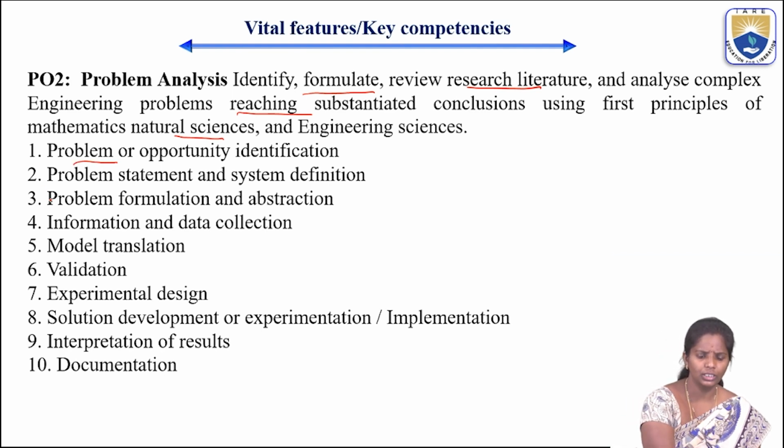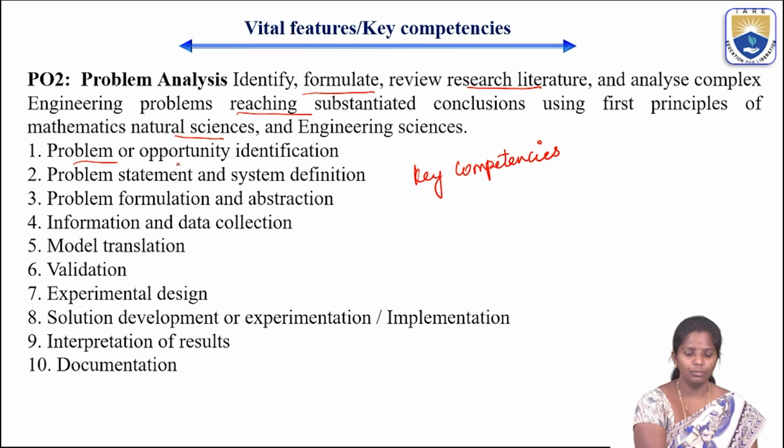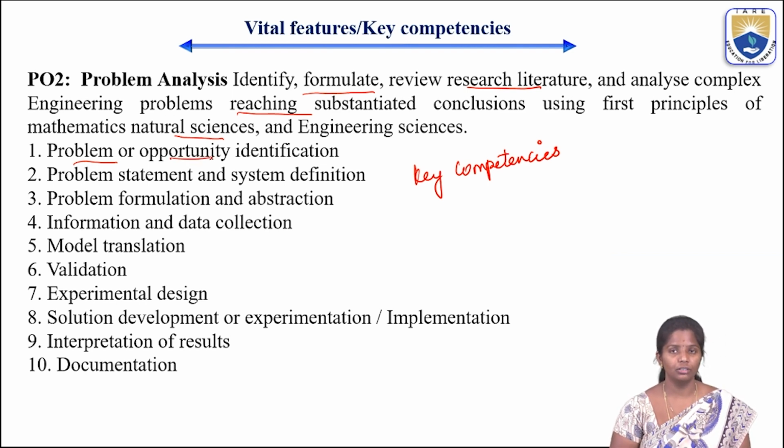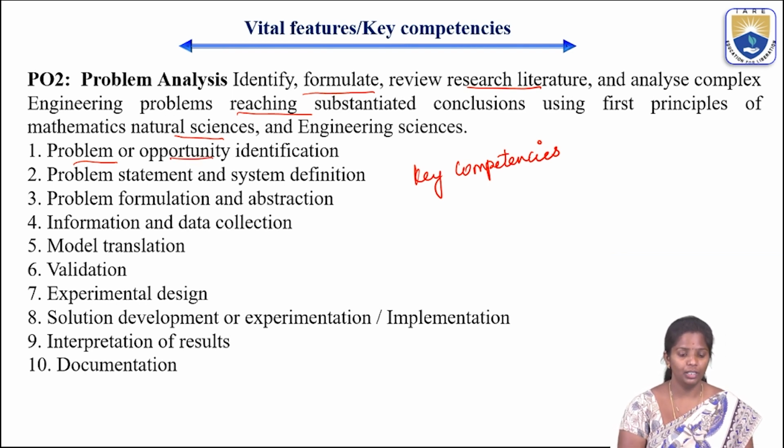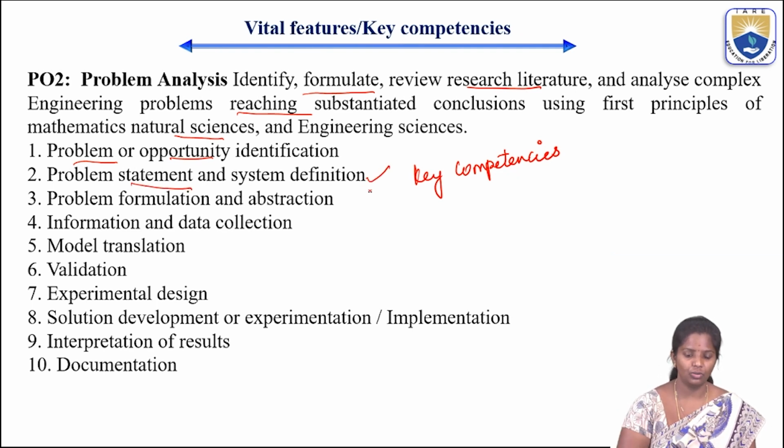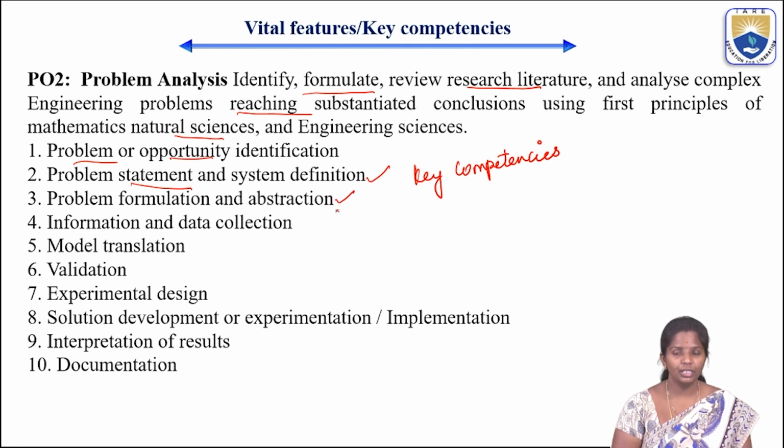So these include key competences. What are the key competences present? Problem or opportunity identification, so we are identifying the problem. Then stating the problem and system definition. What is the problem? Then formulation and abstraction. Then information and data collection. We have to collect data for that particular problem.